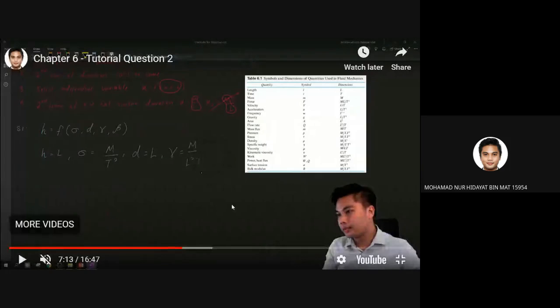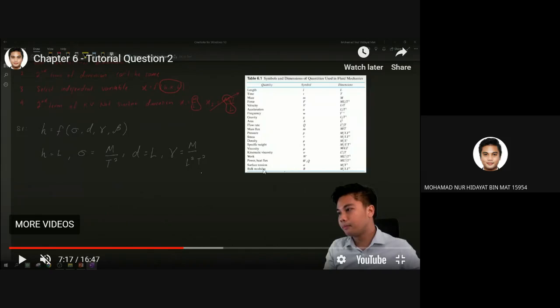So after we form the function, please expand all the variables into dimension form. For example, the dimension of h is L. The dimension of sigma is m over t squared. How do I get this? It is from table 6.1.